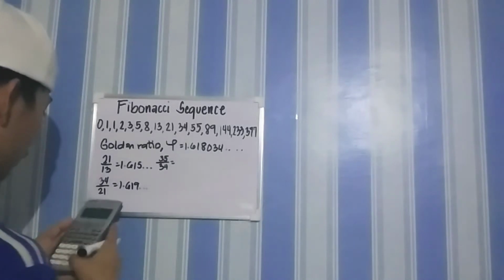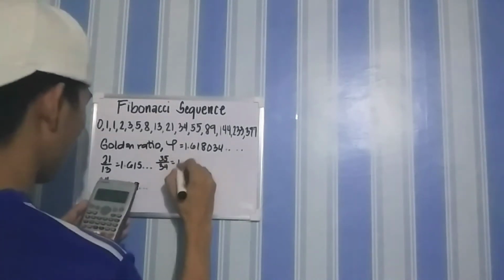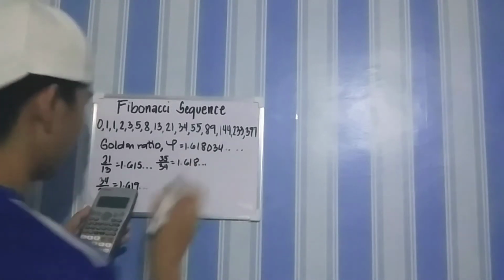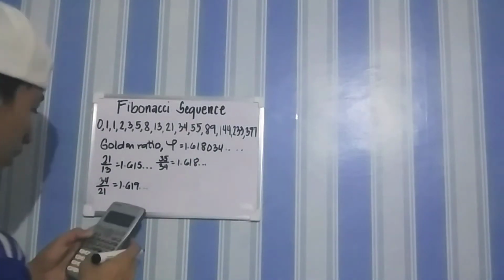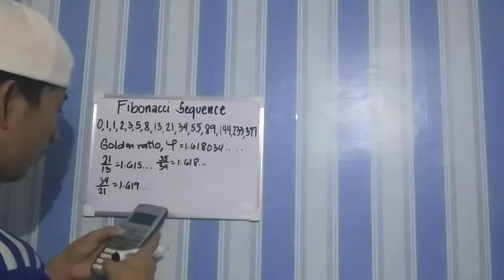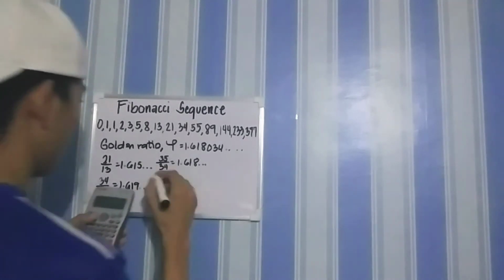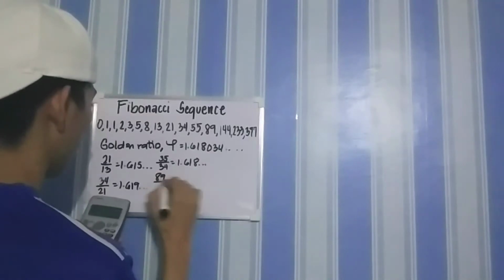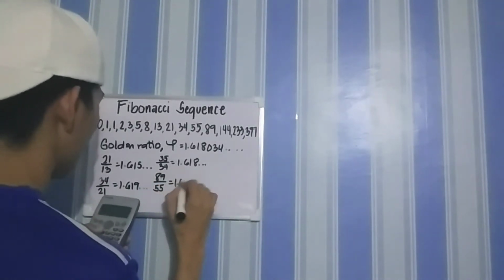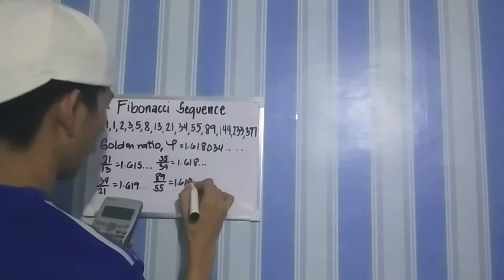55 over 34 is equal to 1.618. Rounded up. Next, 89 over 55. 89 over 55 is equal to 1.61818.